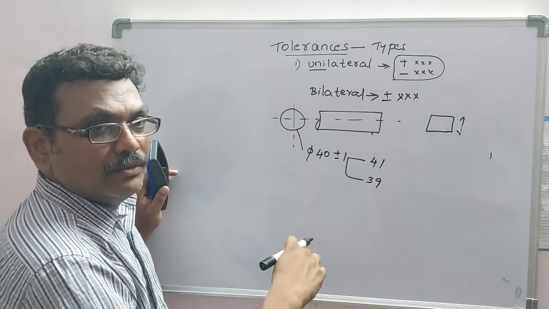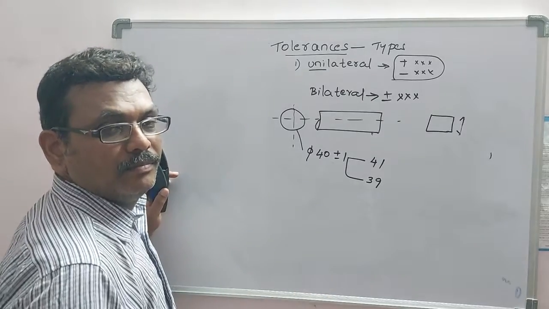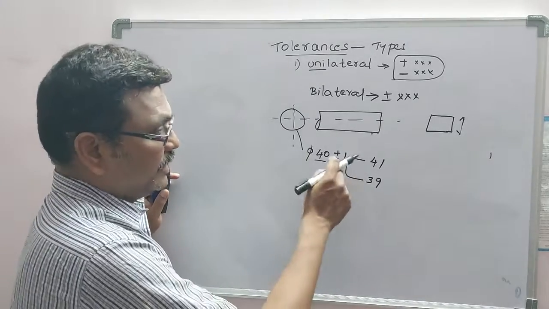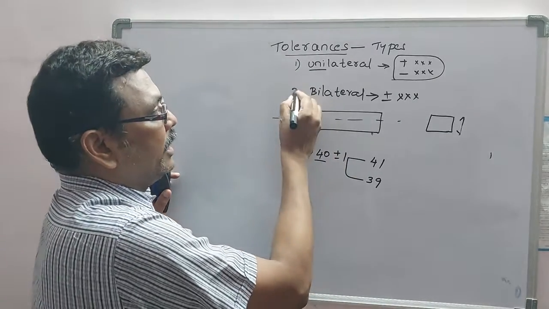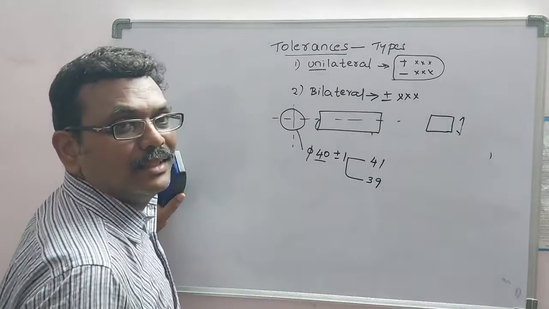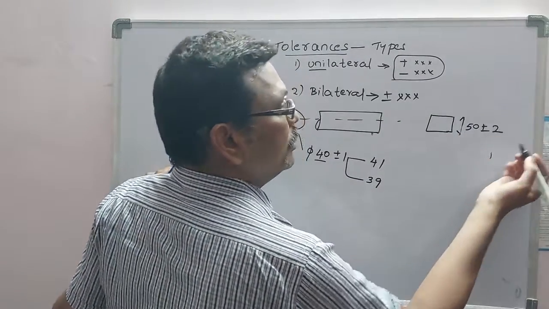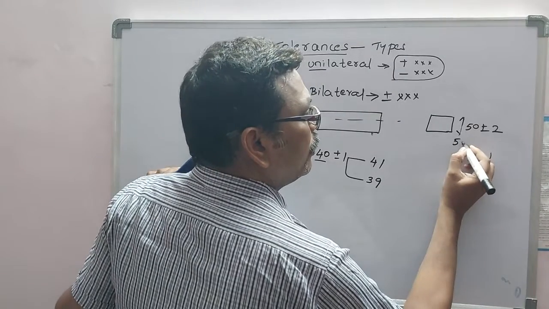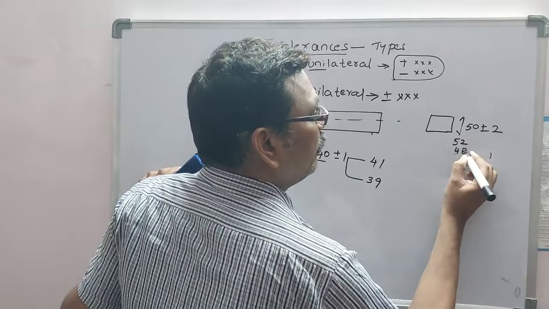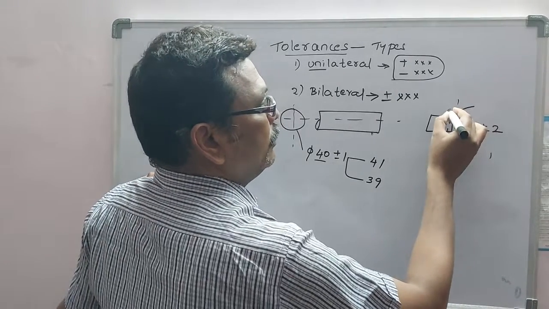In the previous case, we saw only 40 and the lower limit is the same value. Upper limit is 41. But in the present scenario, since we have given bilateral tolerance, the upper limit is 41 and the lower limit is 39. Similarly, here 50 plus or minus 2, for example. It can go up to 52 and 48.